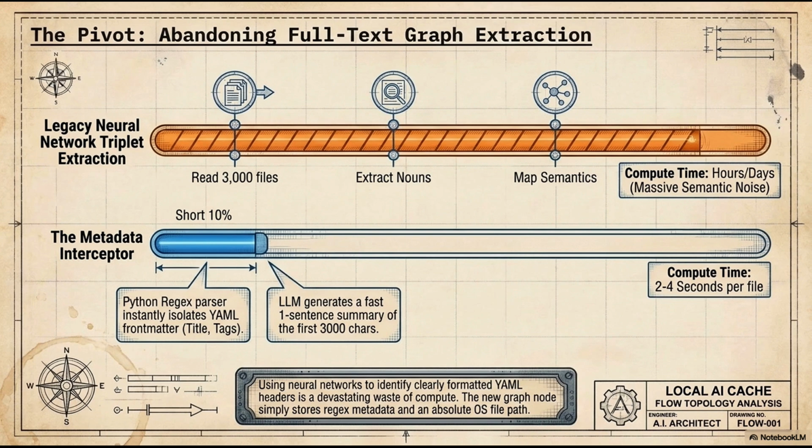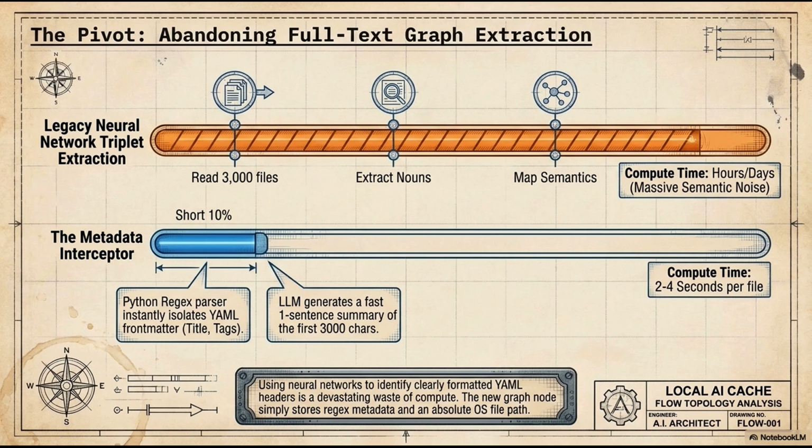Furthermore, passing thousands of full-length notes through an 8 billion parameter model to build these complex entity relationships incurs a devastating time penalty. Yeah, let's quantify that time penalty for a second. His initial successful test on 20 files took several minutes. If he attempts to scale that heavy semantic extraction to his full vault of 3,000 files using a laptop GPU, you are looking at uninterrupted hours, potentially days, of continuous GPU compute.